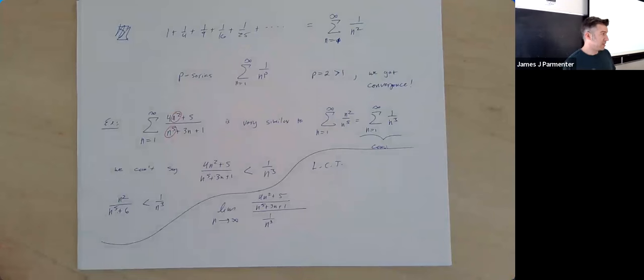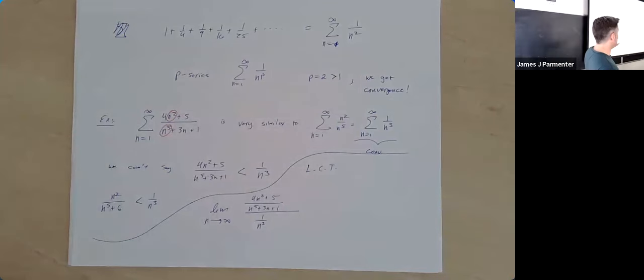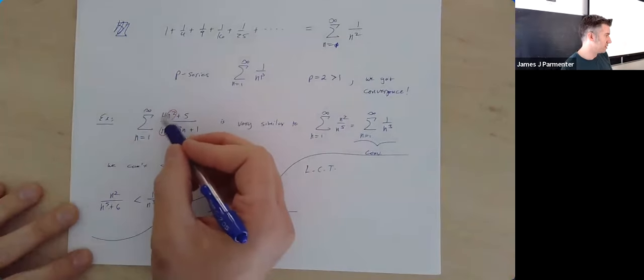If you're looking for convergence, if this limit is either a finite number or 0, then they have the same behavior. If you're looking for divergence, you can have a finite number or infinity, but not 0. And here's the thing that's always going to happen: for rational functions where you have just powers of n over powers of n, you're always going to get some nice finite number, usually just whatever the leading coefficient is.